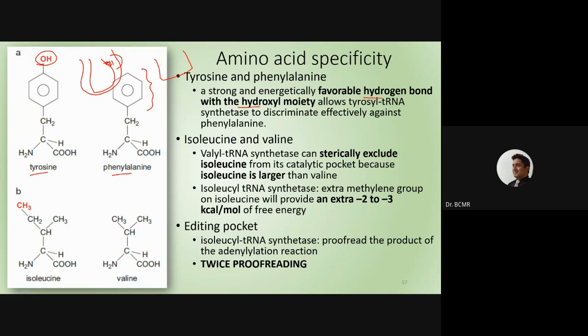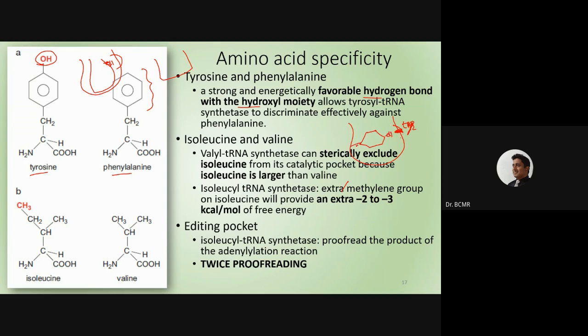So, for example, this is the pocket for tyrosine tRNA synthetase, TYR, and it has some side group that can interact with a hydroxyl group. Say I'm just putting it like this, tyrosine, and this is the OH.